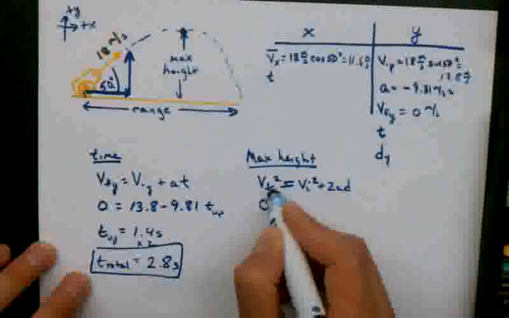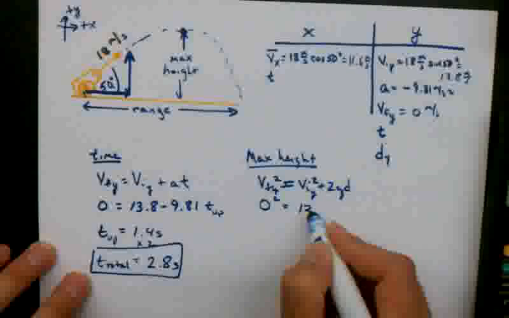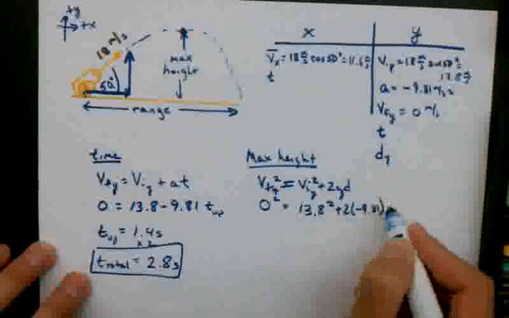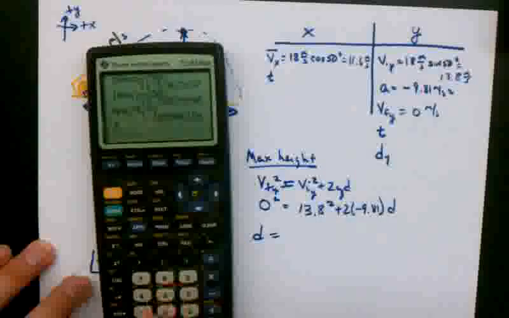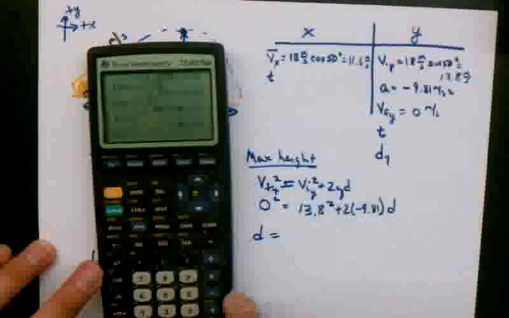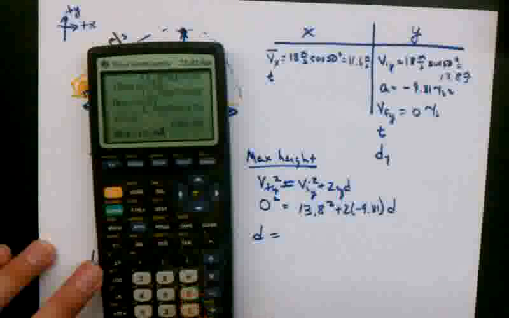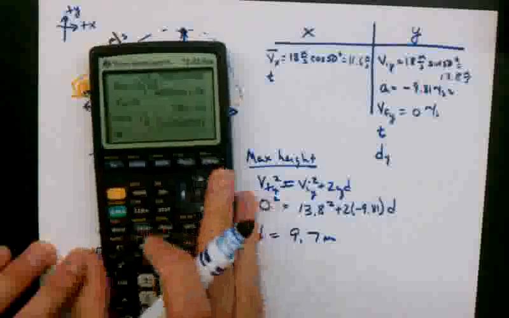So 0 squared, this is all in the y direction, equals 13.8 squared plus 2 times negative 9.81 d, and d comes out to be, let's see, 13.8 squared. Bring it to the other side, it becomes negative, divide by 19.6, I get 9.7 meters.